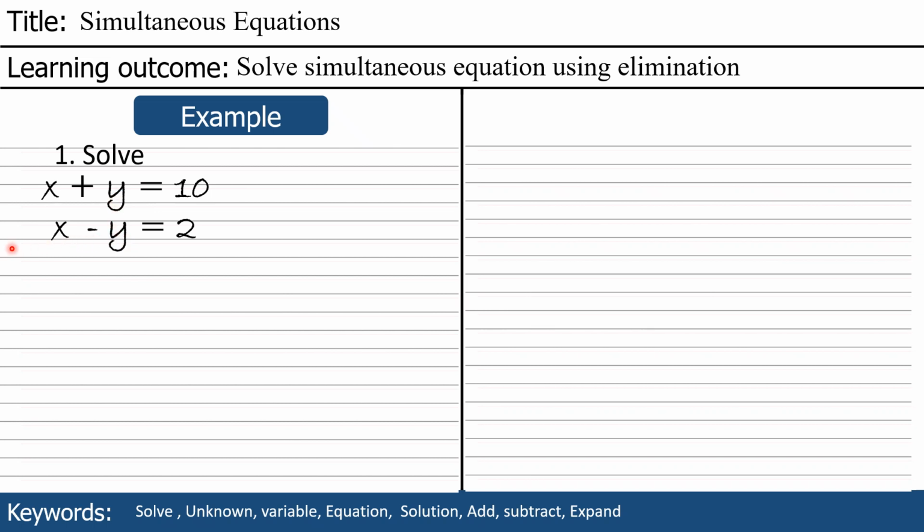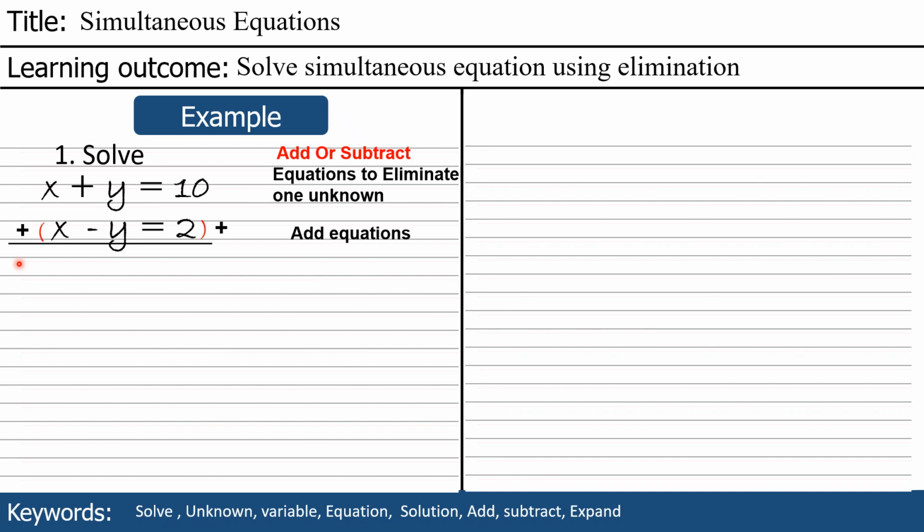Because the operations are different, here we have an add and here we have a subtract, we want to add the equations. So let's add the equations. Here we have x add x is 2x.